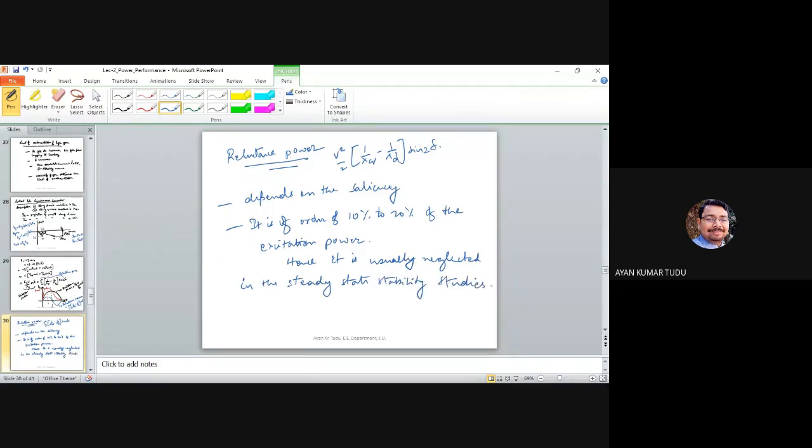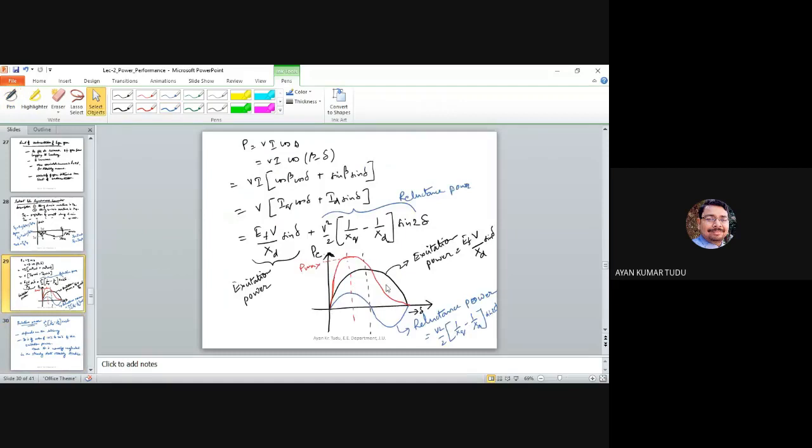So what we are seeing from this particular curve of a salient pole synchronous generator, like the cylindrical rotor synchronous generator, is that if this is the maximum point, then this portion is the unstable portion of the P-delta curve, and this is the stable region.